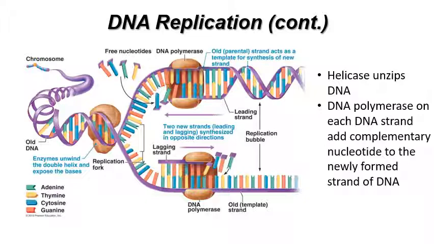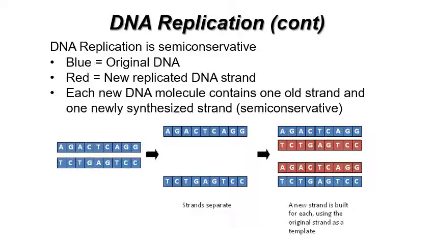Okay, you can see the DNA polymerase. The helicases unzip this to give us this bubble, and then the DNA polymerase works in, and can only work in one direction on the DNA. It works this way to build, and then this way to build. But again, we get semi-conservative: one strand old, one strand new. And here's showing what I just drew earlier.